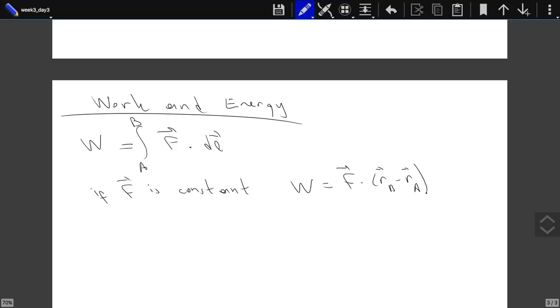Such forces we call conservative forces. In general, if the work done by an arbitrary force is 0 if you start from a given point and end at the same point, then we say that F is a conservative force.